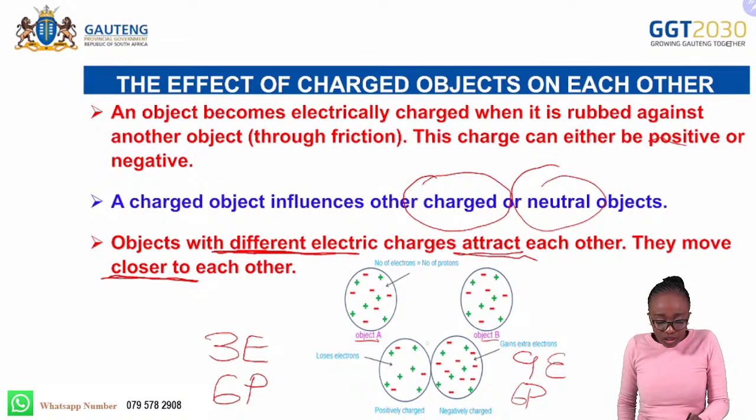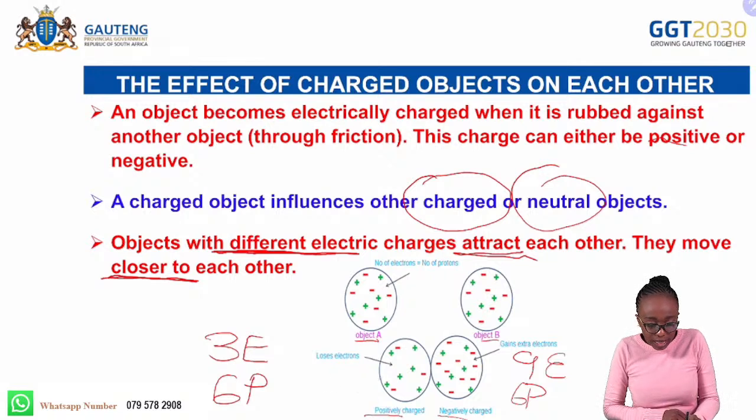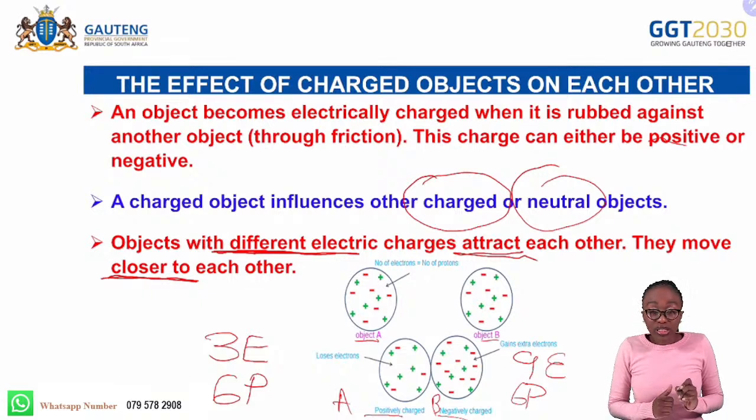Now, these two, as you can see, are close to each other, whereas we say they are attracted to each other. But why is it so? What brings them together is the different charges. We said these ones are positive and these ones are negative. So object A is negatively charged and object B is positively charged.